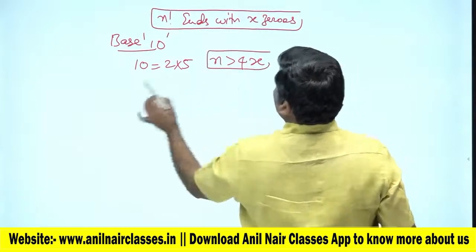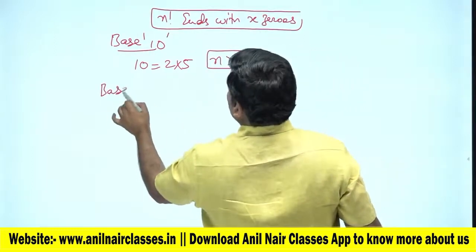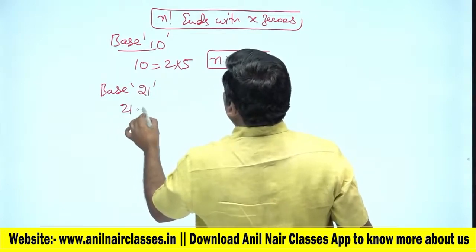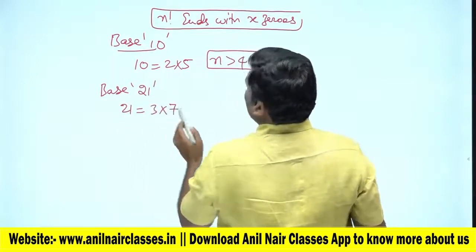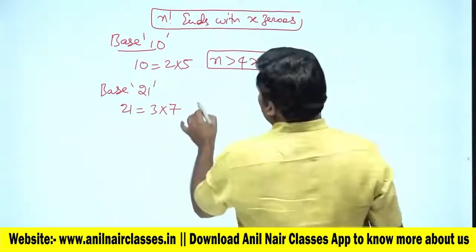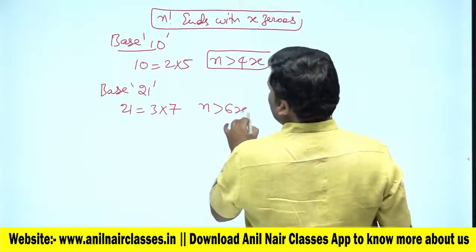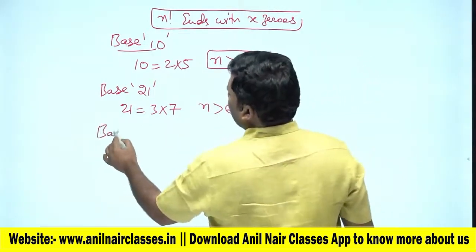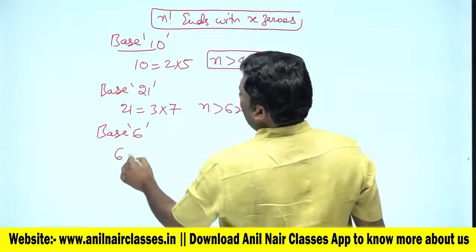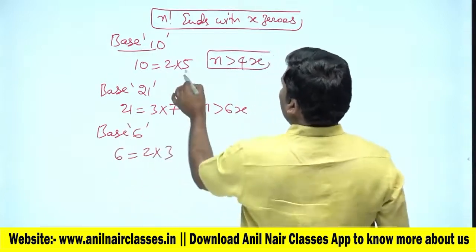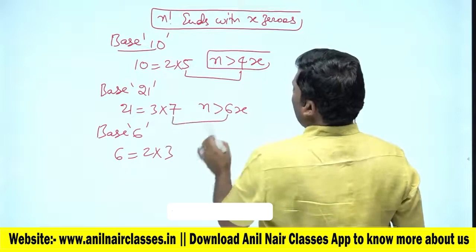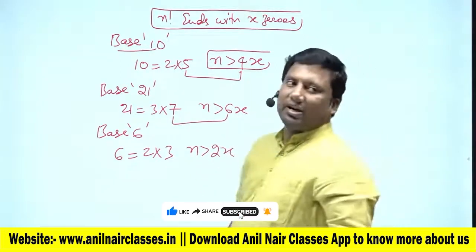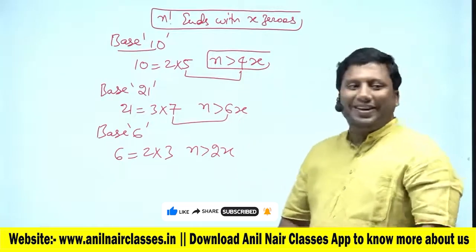This is the relationship. For example, 21 is 3 into 7, so n is greater than 6x. In base system 6, which is 2 into 3, 5 became 4, 7 became 6, n is greater than 2x. I hope the idea is clear.